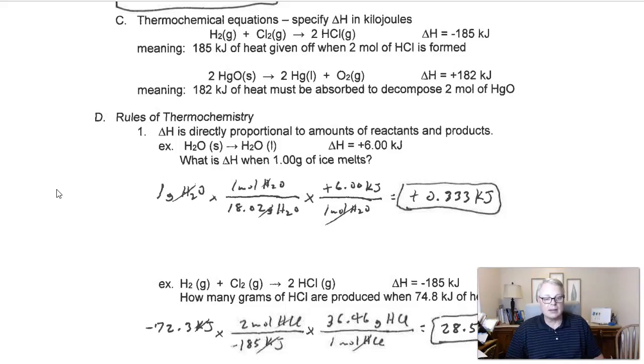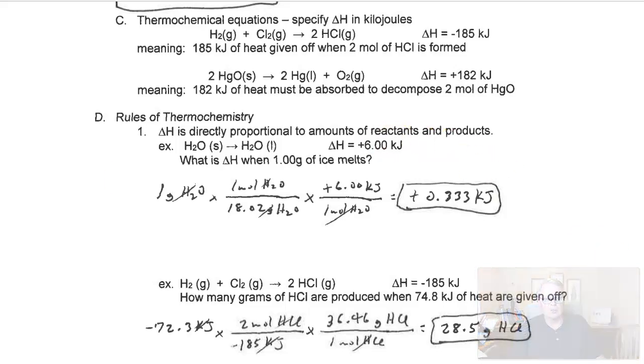So let's talk about the 3 rules of thermochemistry here. Again, these are not the 3 rules of thermochemistry, but they are the 3 rules I have decided to talk about. Let's start with the first one. The first rule is delta H is directly proportional to the amounts of reactants and products.